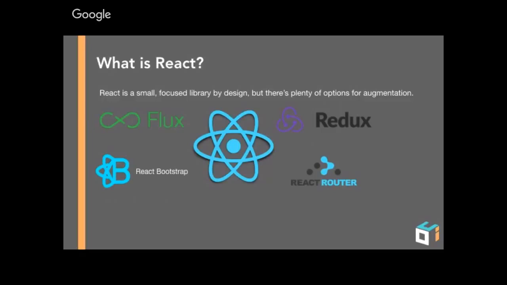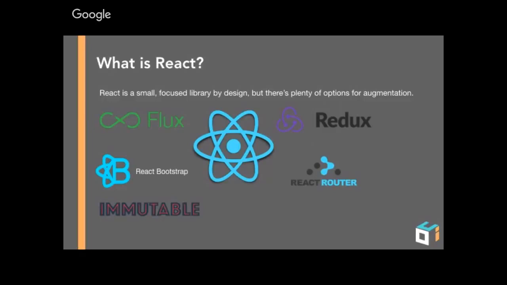Let's say you have a settings page in your single page application. You want to be able to have a link there. You want to be able to use browser history and go backwards and forwards through your single page application. Routing is the way to do that, and React Router is not the only option, but a very popular library for that purpose.